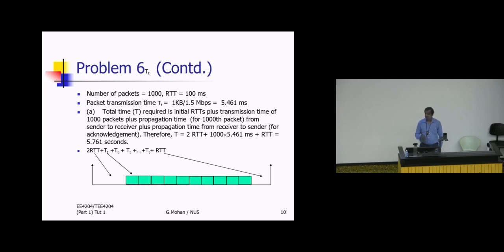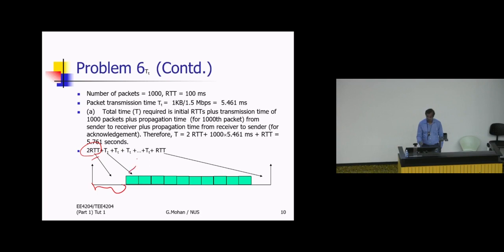Maybe the other party will say, okay, I am ready, you send it, and these are the parameters you use. You'll study more about this initial handshaking in the TCP context, but usually there is initial handshaking. Handshaking means they mutually agree they are ready for transfer. So that takes 2 RTT. This is the time for handshaking.